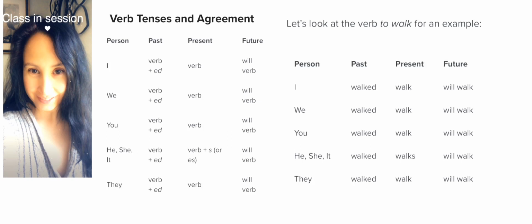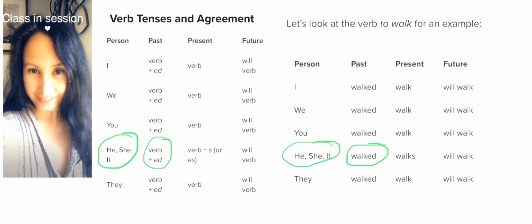Now let's use the person or the pronouns he, she, or it. In the past tense, we use the verb plus ed. Here we go. He walked. She walked. It walked.